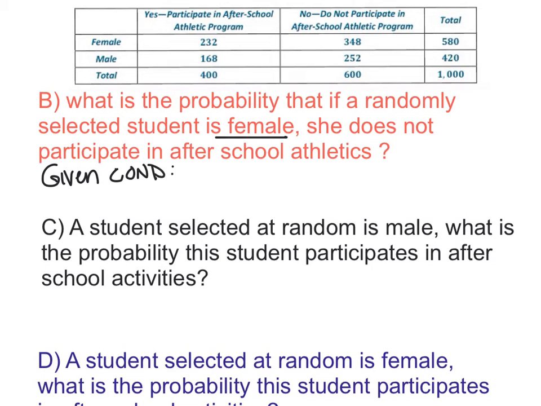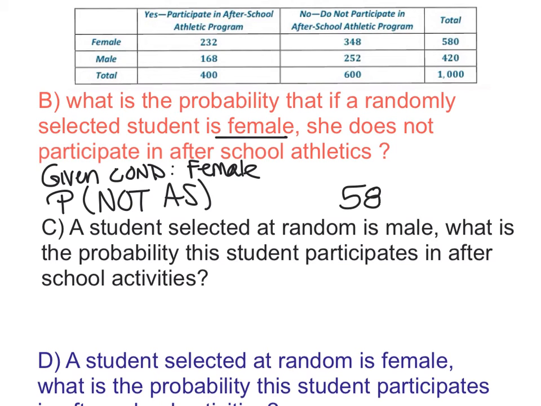Now I want the probability that I do not participate in the after-school program. Again, start with the given condition. That's telling you you have to look on the female row only. That means the probability total is going to be out of 580. Now looking only in that row, you want to be not in an after-school program. So I would say that's a total of 348.